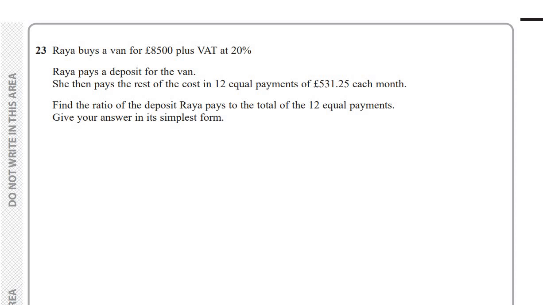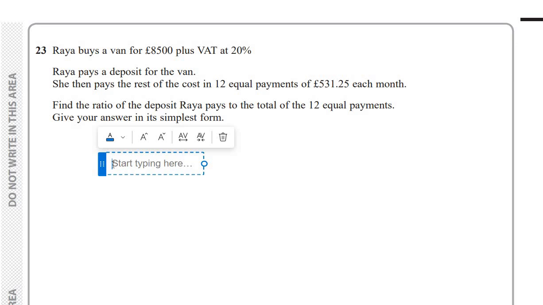Right, so now we need to do this calculation. Well, VAT of 20% needs to be paid. So 20% of 8,500 is 1,700 pounds.